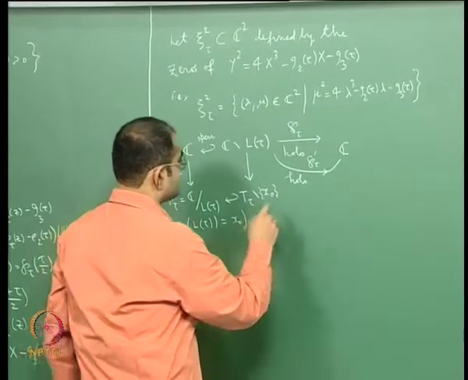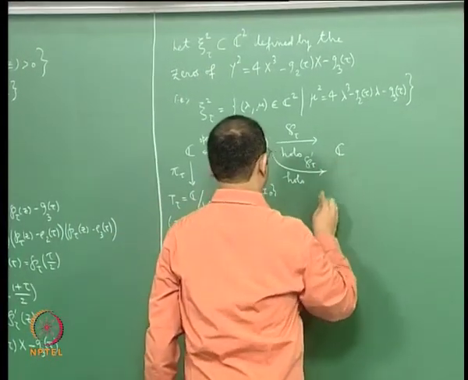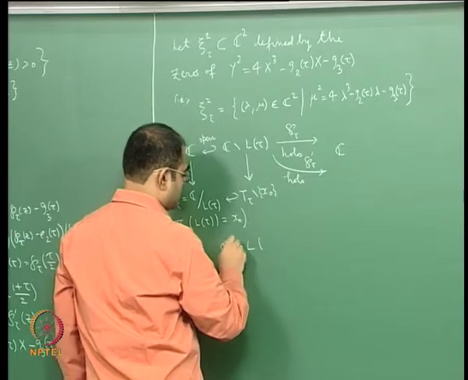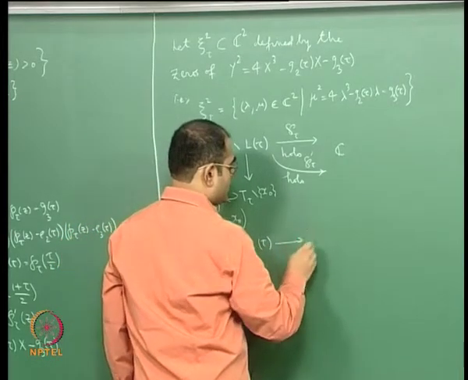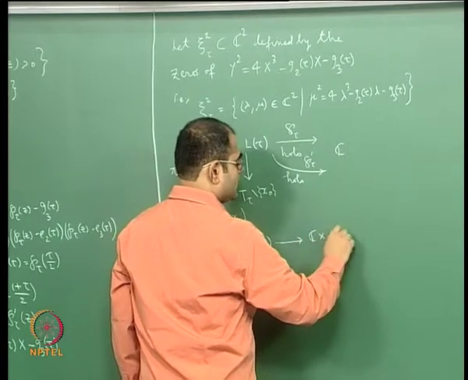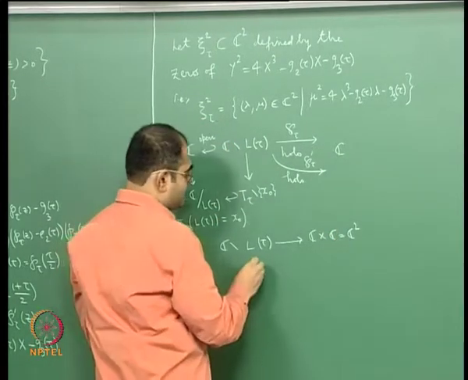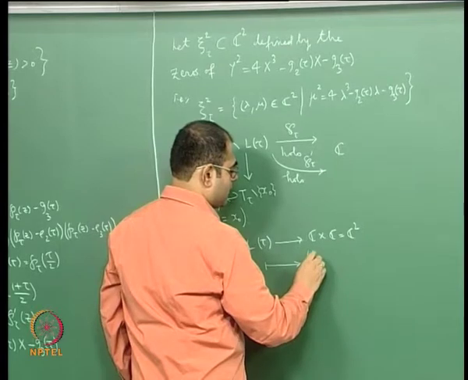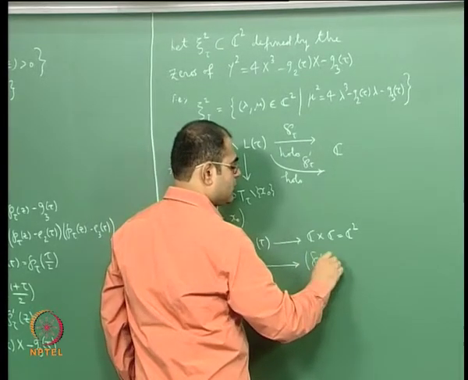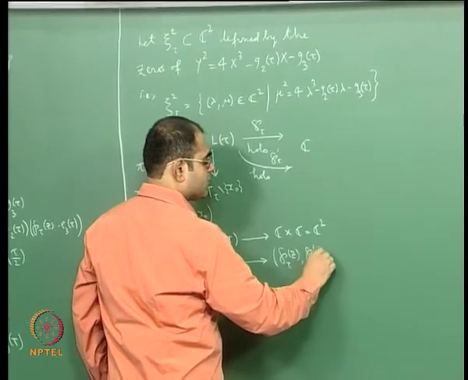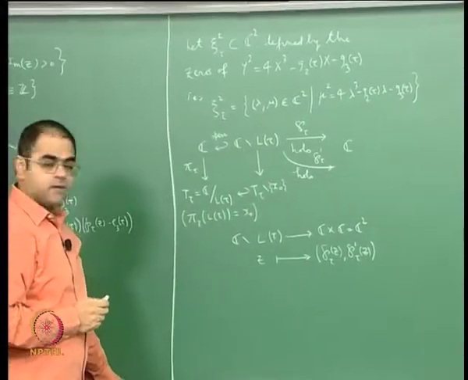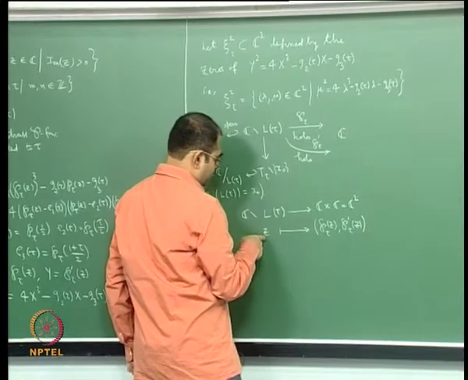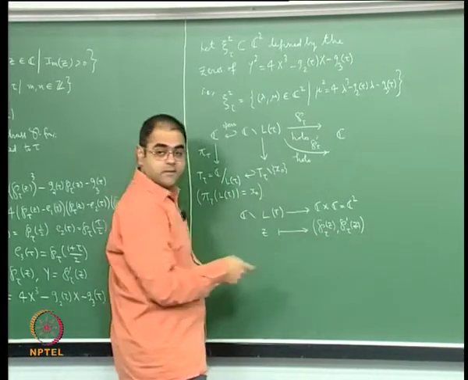Okay, so let me write this once more. You have from the complex plane minus L tau a map into C cross C, which is C2, and the map is: you send Z to the ordered pair phi tau of Z, comma phi prime tau of Z. So you have this map, and it's holomorphic in each variable.